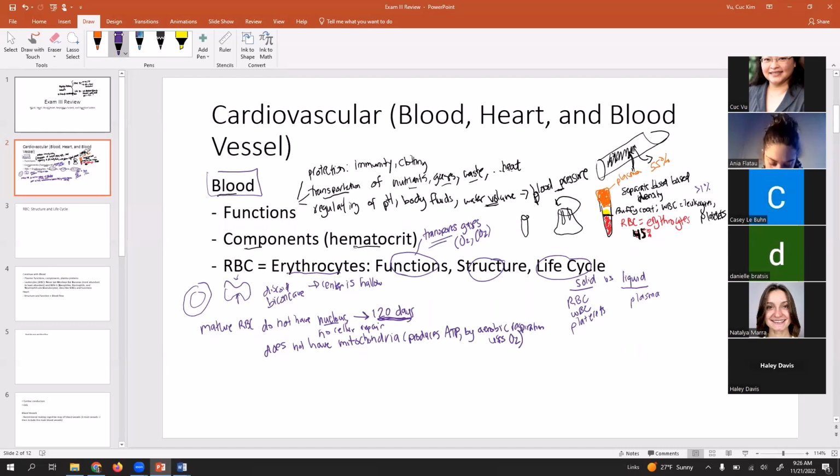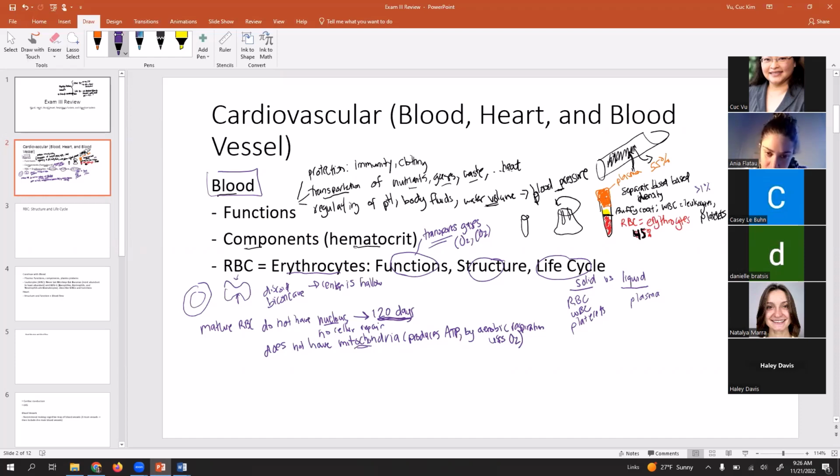That wouldn't make sense, right? Because their function is to carry the gases, you don't want them to consume it. And that's why a mature red blood cell does not have mitochondria. Does that make sense? Yes. Okay.